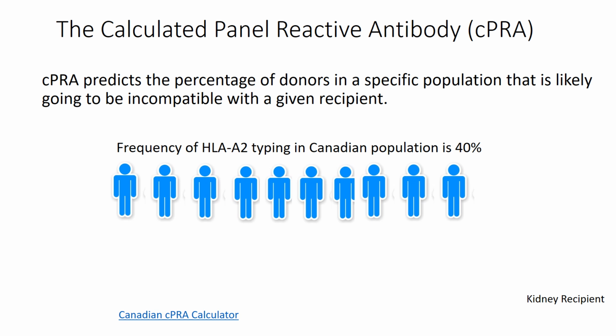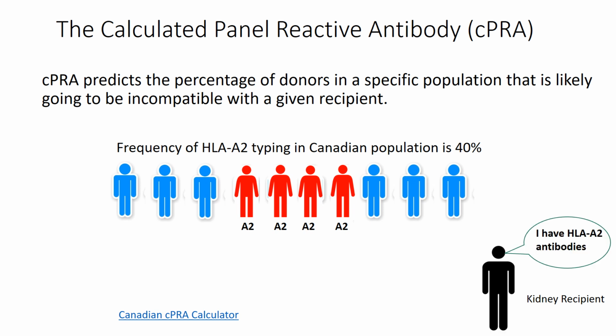So for example, if we took HLA-A2, it is one of the most common HLA alleles in the Canadian population, and it accounts for about 40% of the population. So if we have 10 individuals, we would expect at least 4 of them to have the HLA-A2 allele. This means 4 out of these 10 have an HLA antigen on their cells.